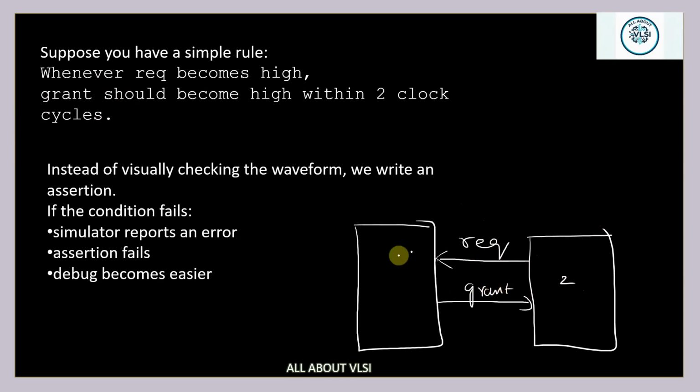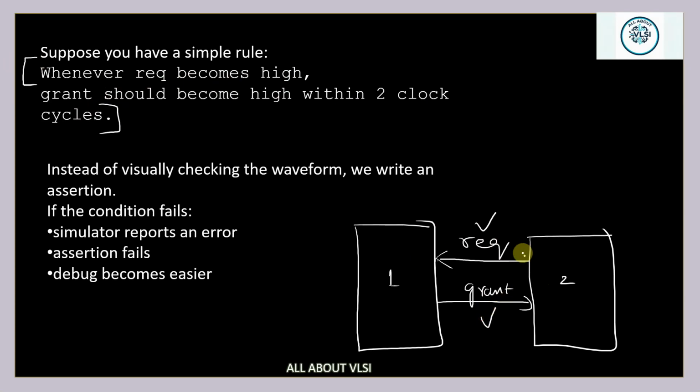So this is a handshaking mechanism between these two components. Now, whenever request becomes high, grant should become high within 2 cycles. This is our requirement, and it is a protocol specification they have given. So according to the protocol, whenever a request has been given, grant should be given within 2 cycles. That is a requirement.